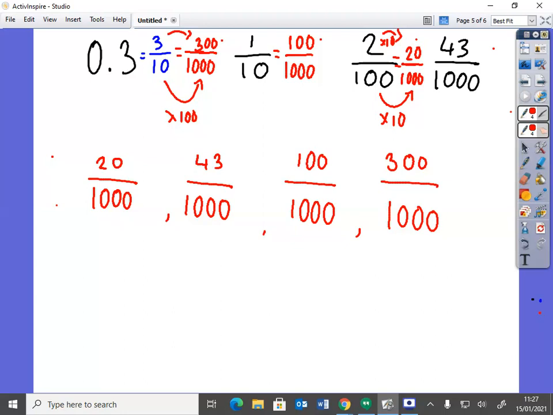I've finished with the maths. I just need to pop them back in the way they were expressed in the question. So how was 20 thousandths expressed in the question? Well, it's here. It was expressed as 2 hundredths. How was 43 thousandths expressed in the question? Well, it was expressed as 43 thousandths, so it can stay as it was.